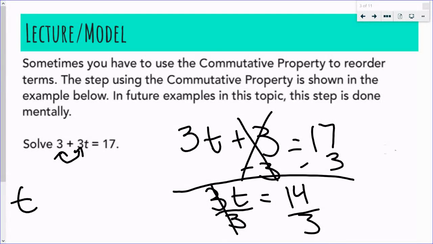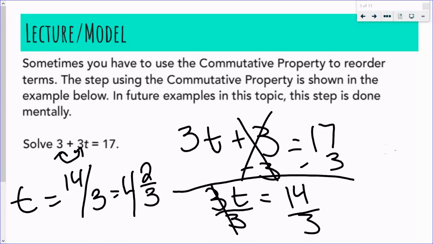So t is going to equal 14 over 3, which would be the same as 4 and 2/3, because 3 times 4 is 12, with 2/3 left over.